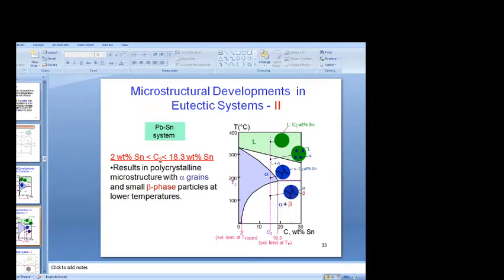As the temperature is lowered, no changes occur until we reach the eutectic temperature, that is the particular point at 183 degrees centigrade.